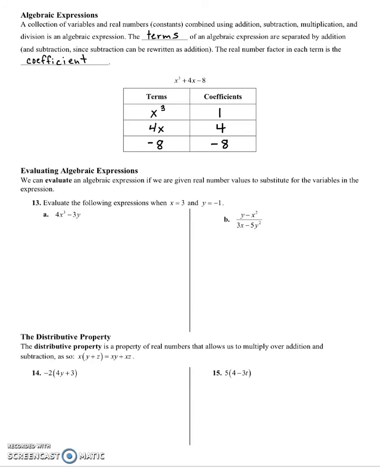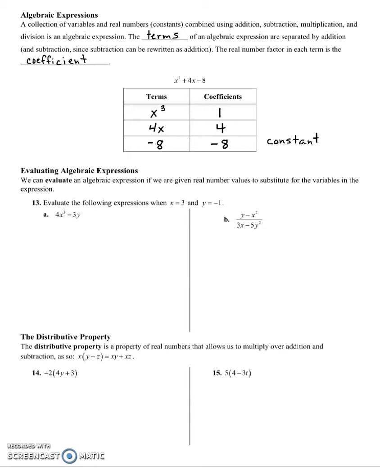And we call the term that doesn't have any variables a constant, or a constant coefficient. So the negative 8 is a constant or constant coefficient because it doesn't have any variable factor with it.